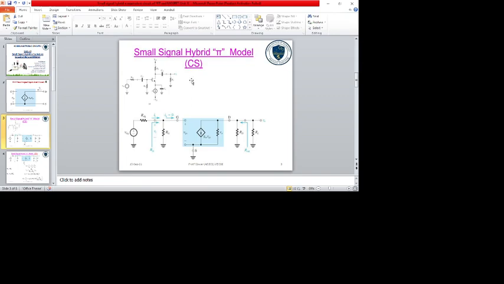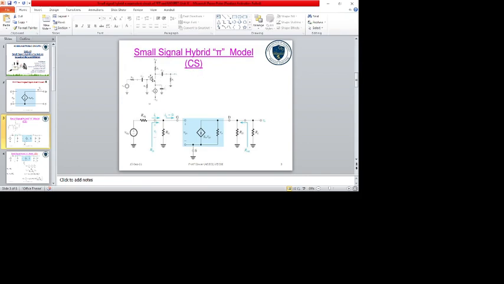Now we are going to analyze the common source configuration and common gate configurations in terms of resistance and gain factor. First, we will see the common source configuration. This is the structure of common source configuration.